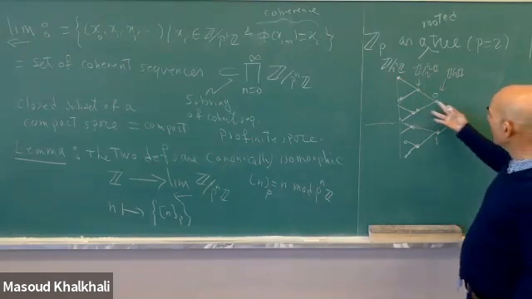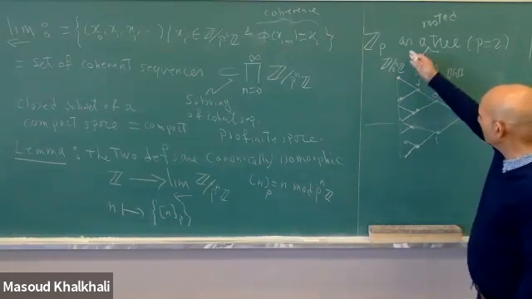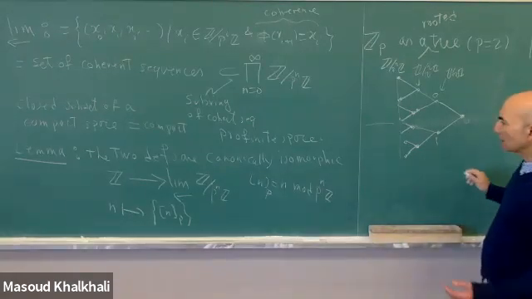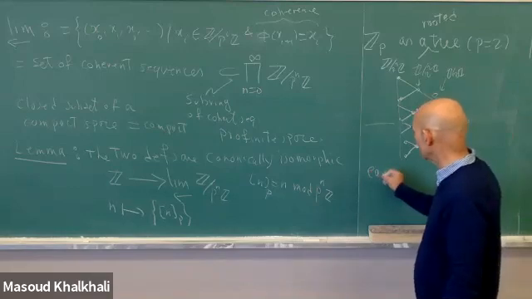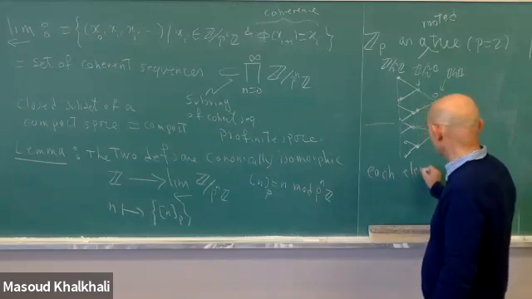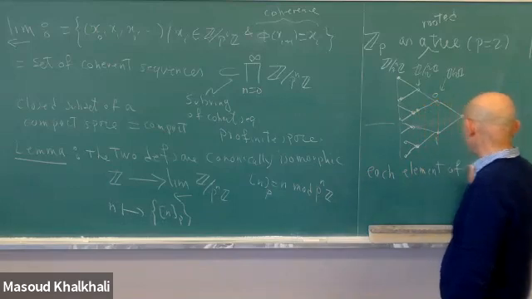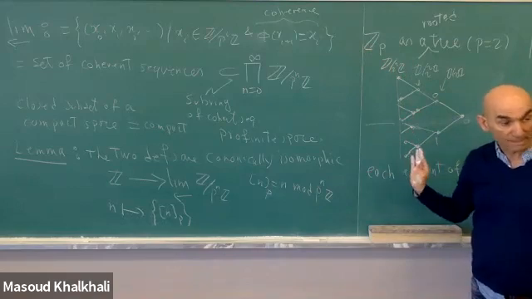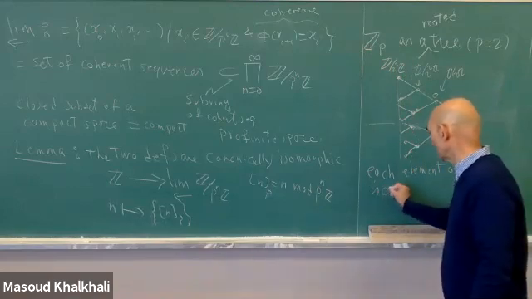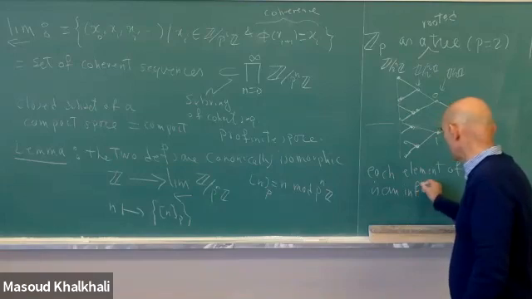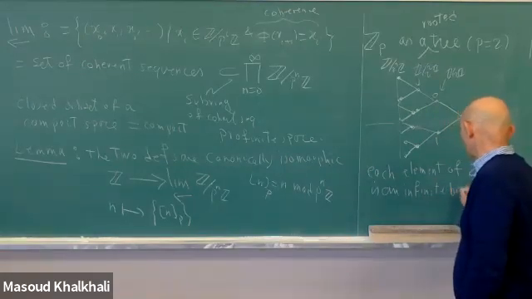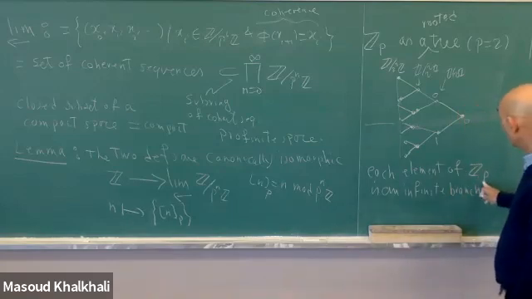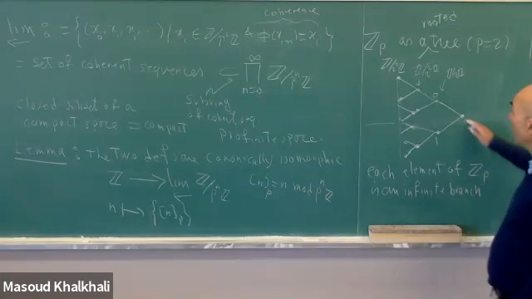So you can label all points here by points of Z over p^n Z, and this is interesting, each element of Z_p is an infinite branch of this tree. Points of Z_p, p-adic integers, correspond to branches of this tree.